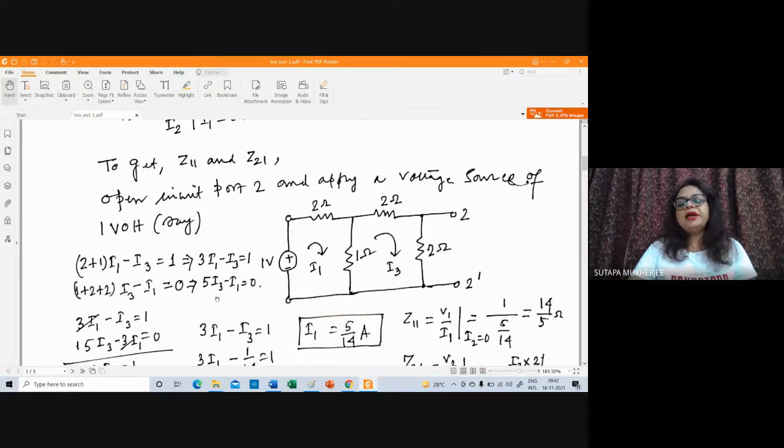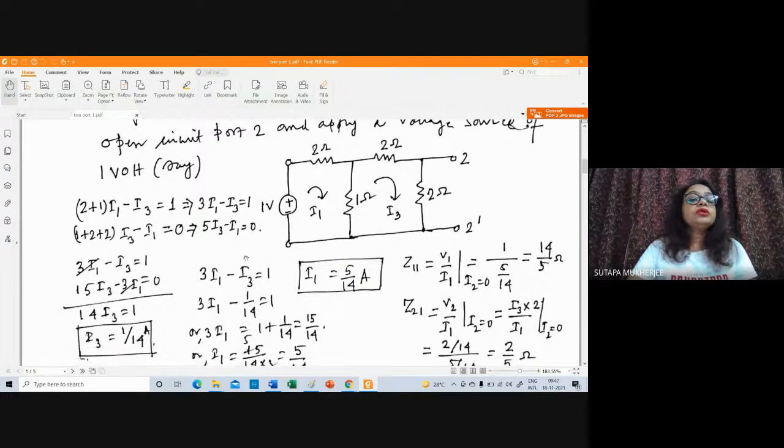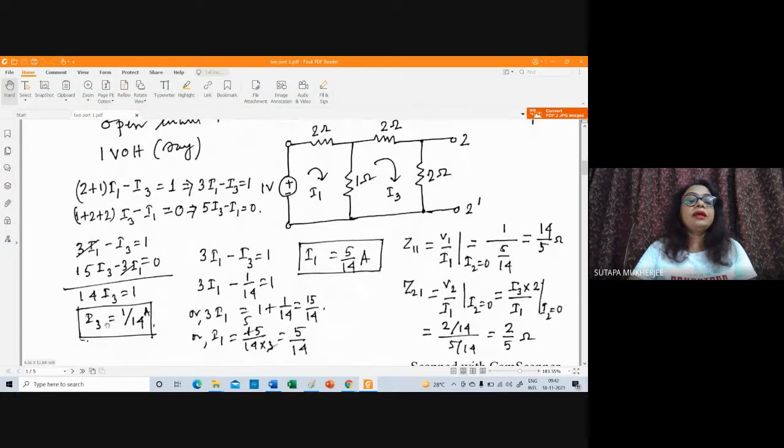So the equation is 5I3 minus I1 equal to 0. So you have got two equations with variables I1 and I3. If you solve these two equations, you will get I3 equal to 1 by 14 and I1 equal to 5 by 14. Solve these two equations.